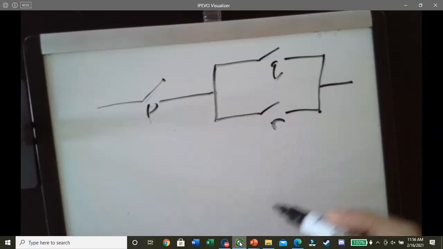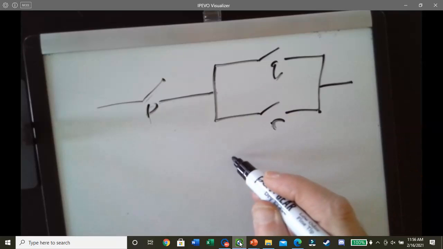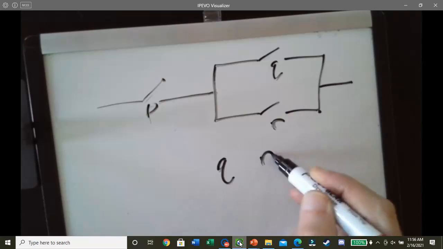In this case, I would do the parallel first. So this would be Q, and this is an R.